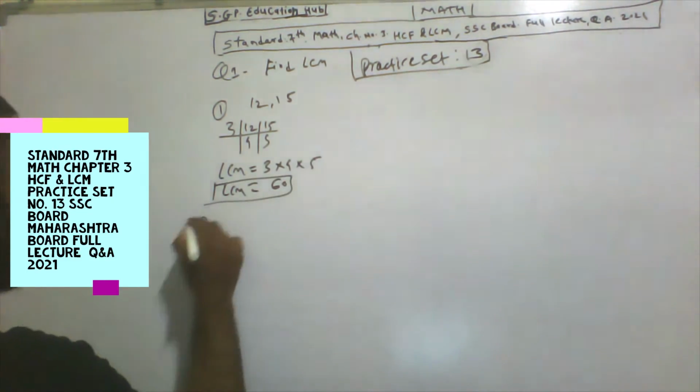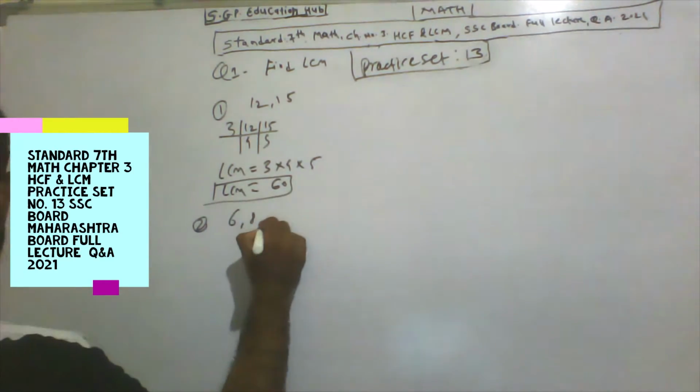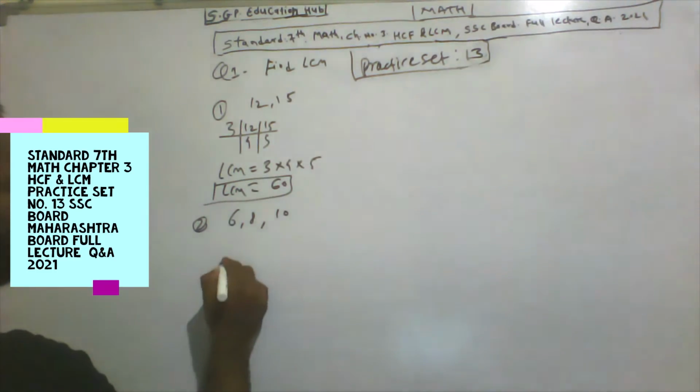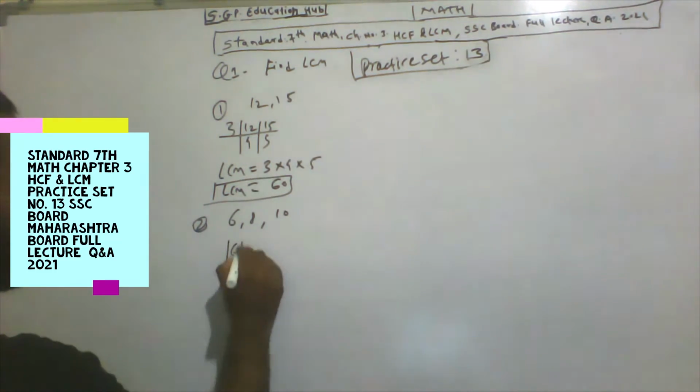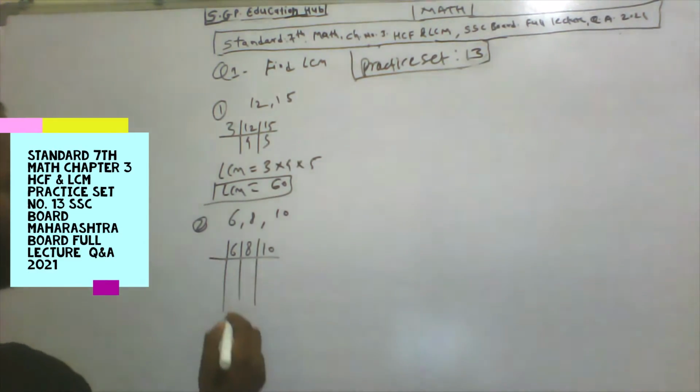Okay, second question: 6, 8, 10. We are going to solve it with the vertical method.